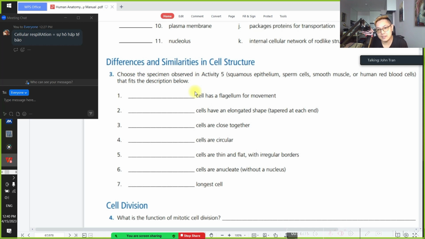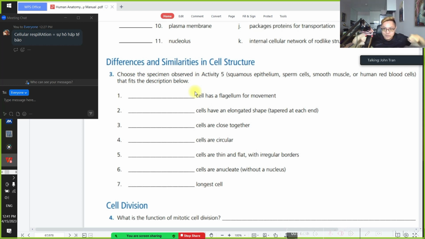Which cells have an elongated, so long, you know, elongated shape, tapered at each end? Tế bào nào nó có một cái hình dạng mà nó bị kéo giãn ra, kéo dài ra? Nó giống như là nó kéo giãn ở hai bên, hai bên trái bên phải á. The long elongated shape. Squamous epithelium. I don't think so. It's smooth muscle. Tại vì cơ trơn láng cái cơ thì nó kéo dài lắm.